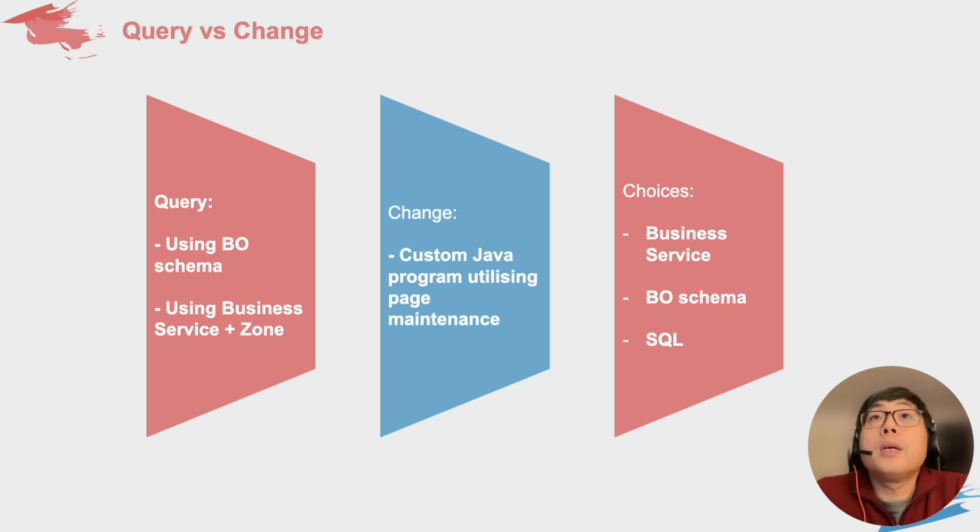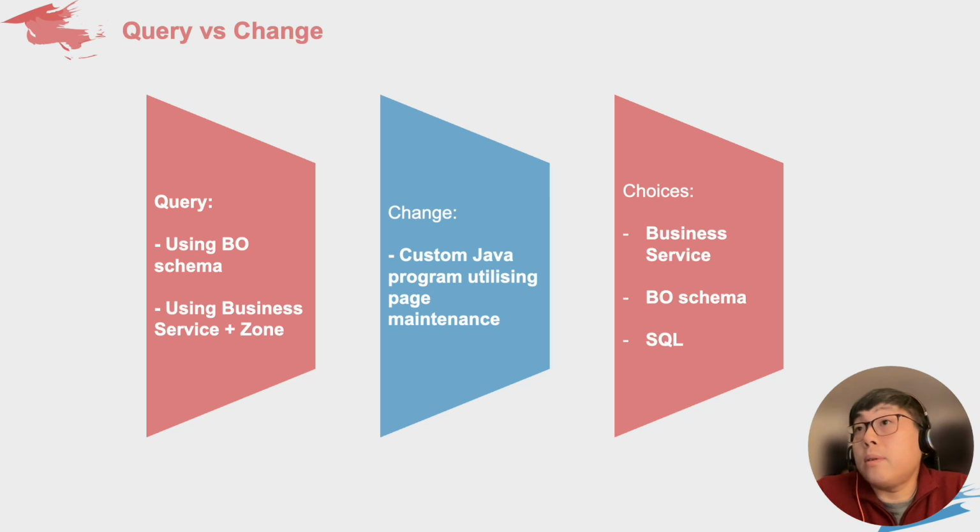Now, to change the data, you can also use something similar to the business objects. You create a custom schema for the business object, load it up, and then update the attributes as required.